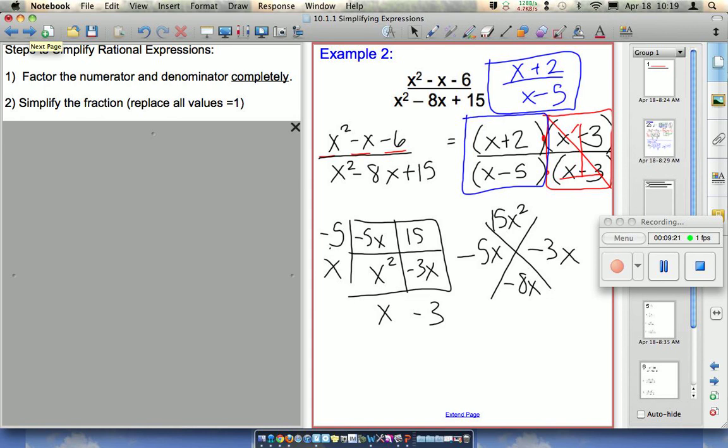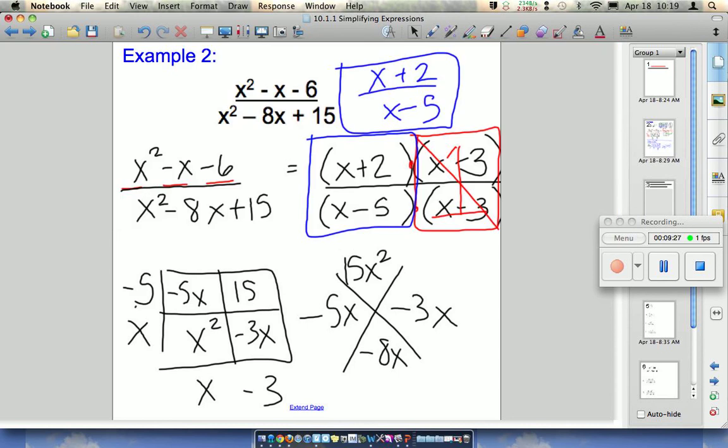Remember, you may not cancel the x's here. That is not legal. That is not a 1. Because the top is written as a sum. It has this plus sign right here and this minus sign here. It's not a product. And the only time we can make a 1 like we did here is when we have a product.